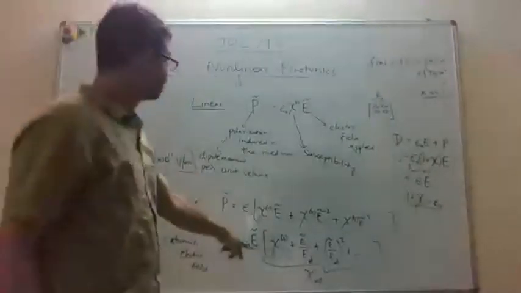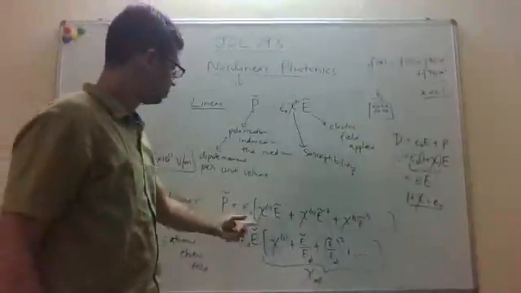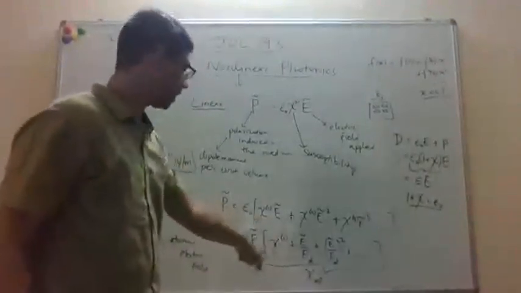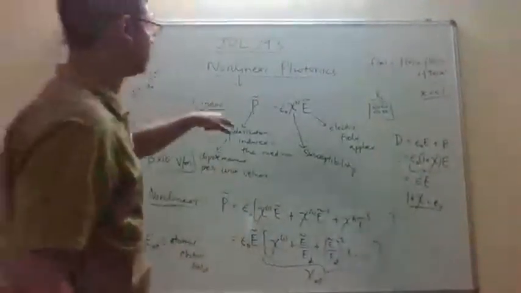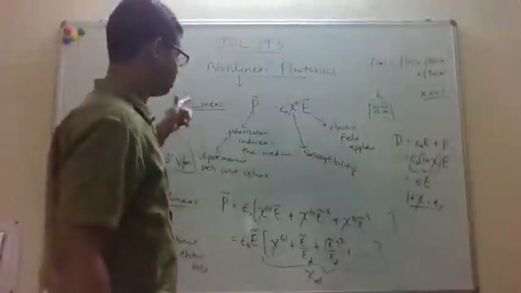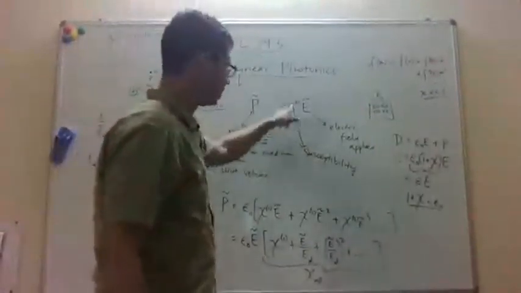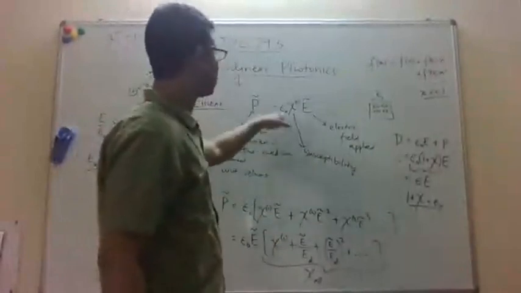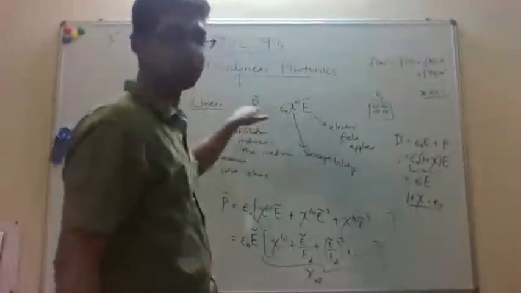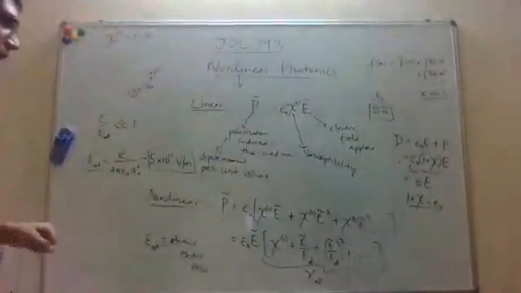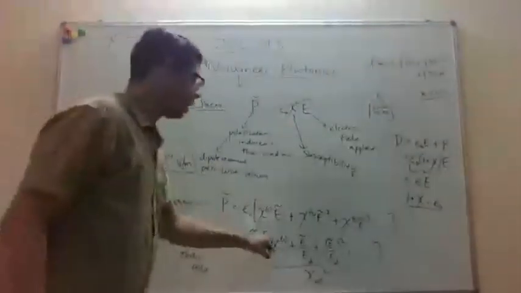Right, and chi1 is unitless. From here, right, chi1 is unitless. So P has, chi1 is a constant, it is unitless. Like epsilon naught has some units, P has some units, E has some units. But chi1 is unitless, right?